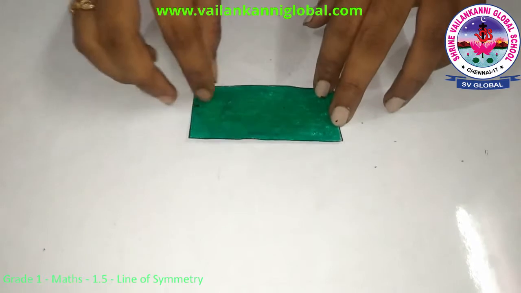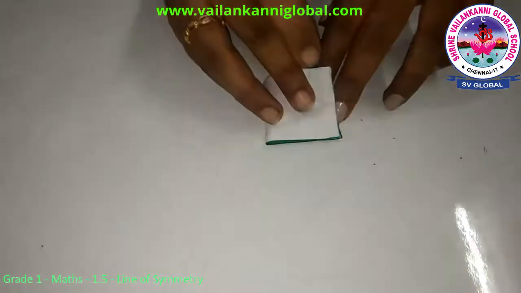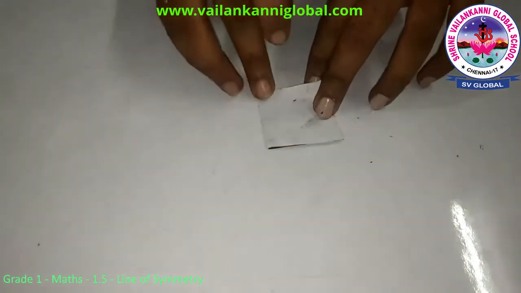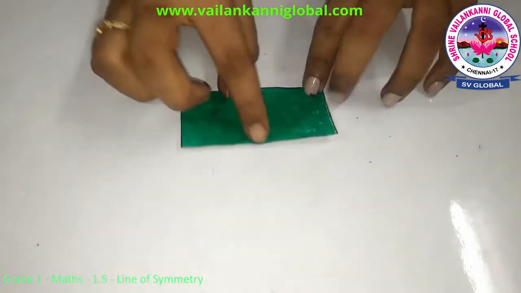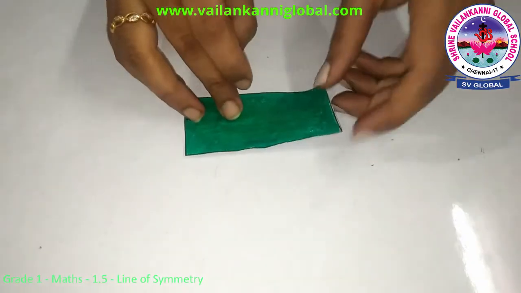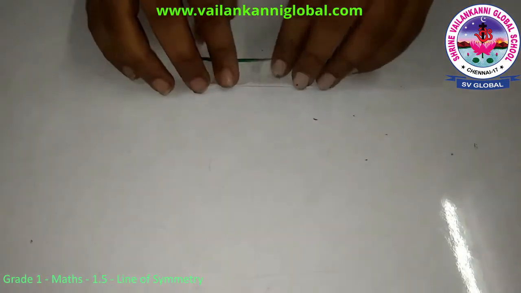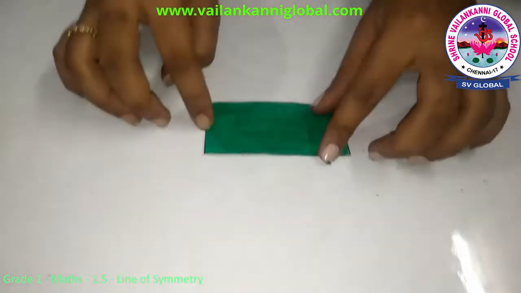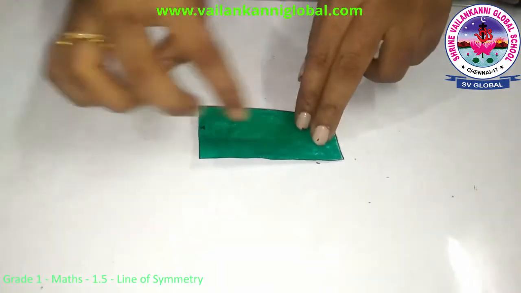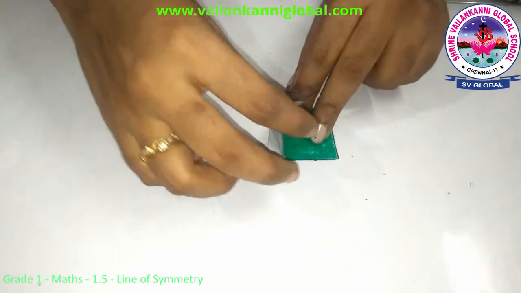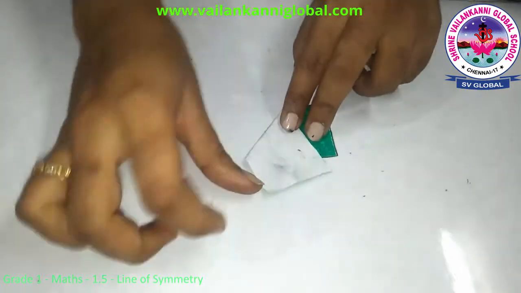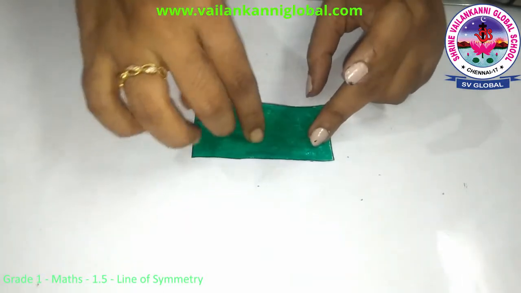So for a rectangle, I'm going to fold it this way. So I'm able to fold. So this is one line of symmetry. Again, I'm going to fold this way. Okay. So this is another line of symmetry. Now I'm going to try the corners like a square. When I'm folding the corners, it is not overlapping properly.